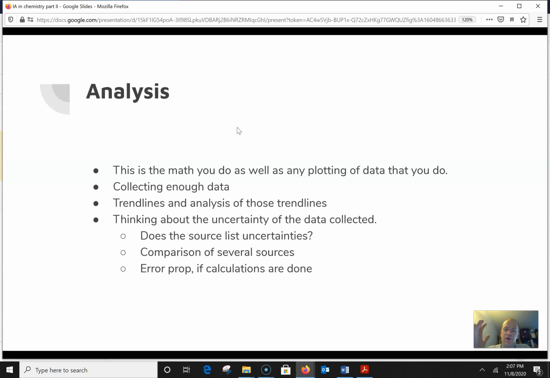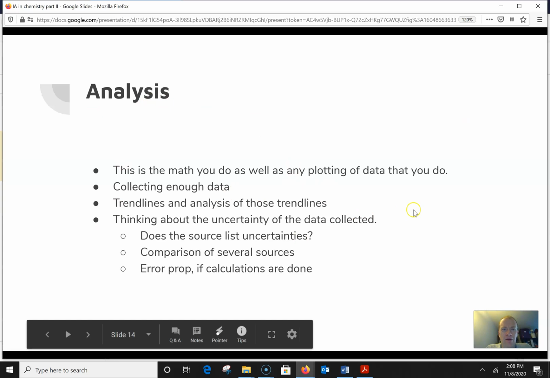The requirement for thinking about uncertainty doesn't go away. The source might list uncertainties. The source might literally have a plus and minus uncertainty on it. We could talk about uncertainty by comparing several sources. Are there differences between two different sources? If you do any calculations with the data you're getting, you should do error propagation just like you always should. If there's no uncertainties listed, is there some way to estimate the uncertainty, or can we even consider the significant figures that are available, or anything like that? Anything you can talk about related to the topic of uncertainty, you're going to do it.